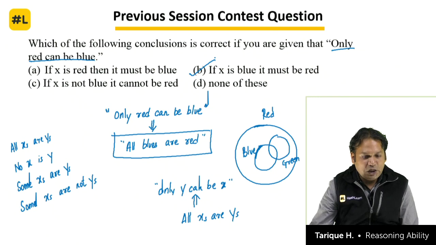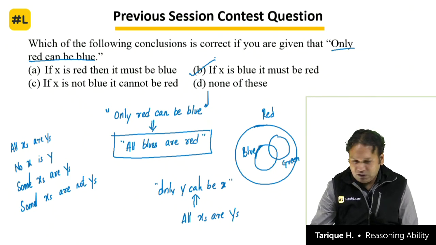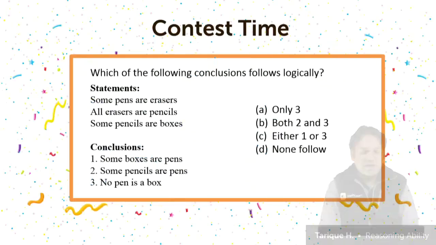Right. So we will go to the contest question for this session. The contest question is on the screen for you. Look at the statements. There are 3 statements and 3 conclusions. Some pens are erasers, all erasers are pencils, some pencils are boxes. The conclusions are: some boxes are pens, some pencils are pens, no pen is a box.